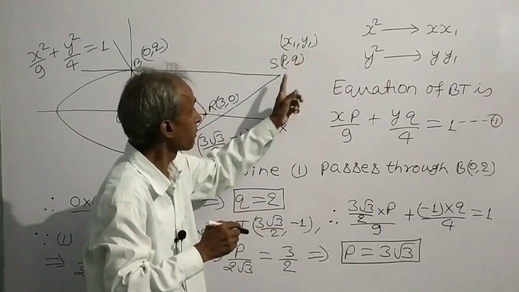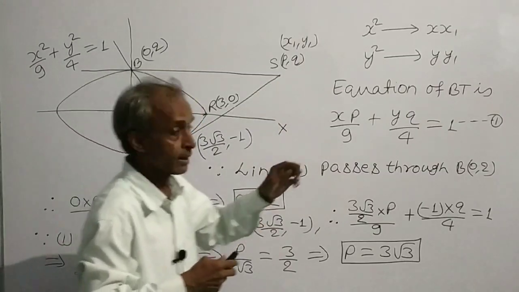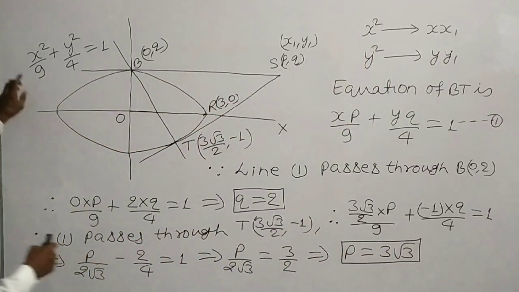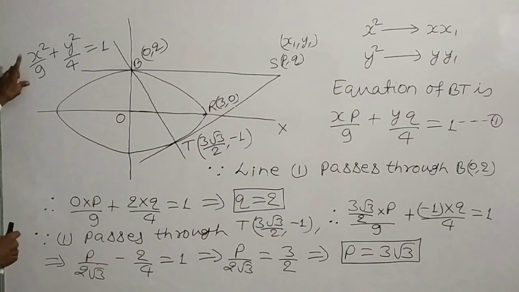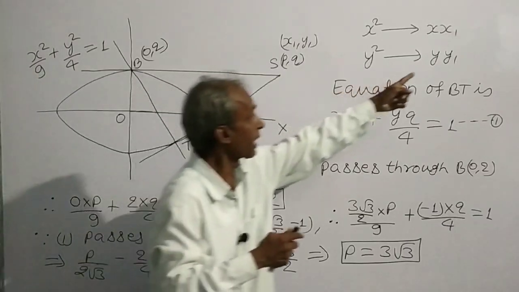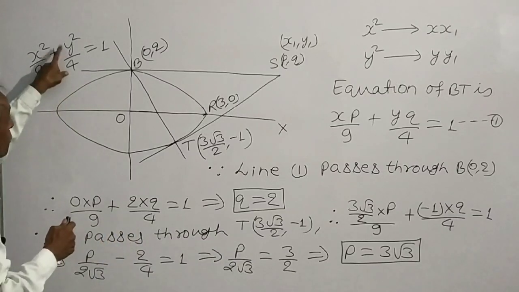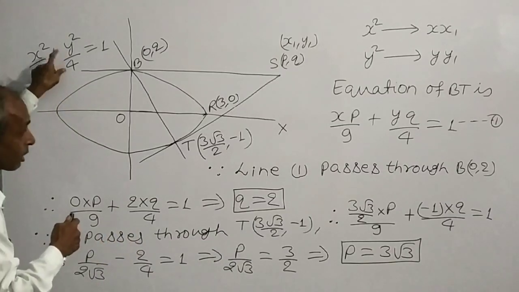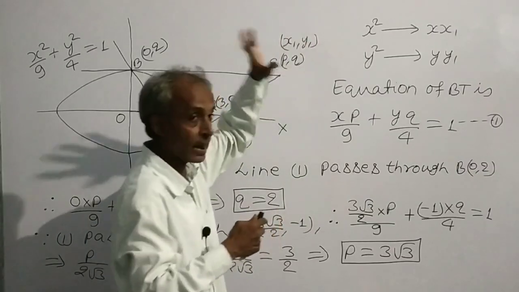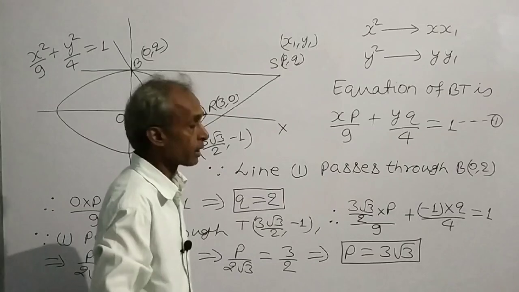If x1, y1 be coordinate of this point, then we write x1 in place of x square in the equation of ellipse, y1 in place of y square in the equation of ellipse. Here in place of x1 and y1 there is p and q.